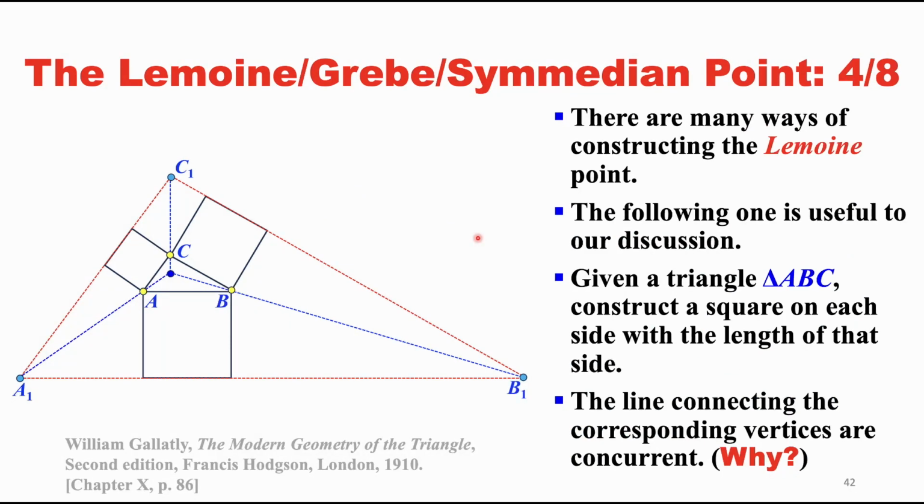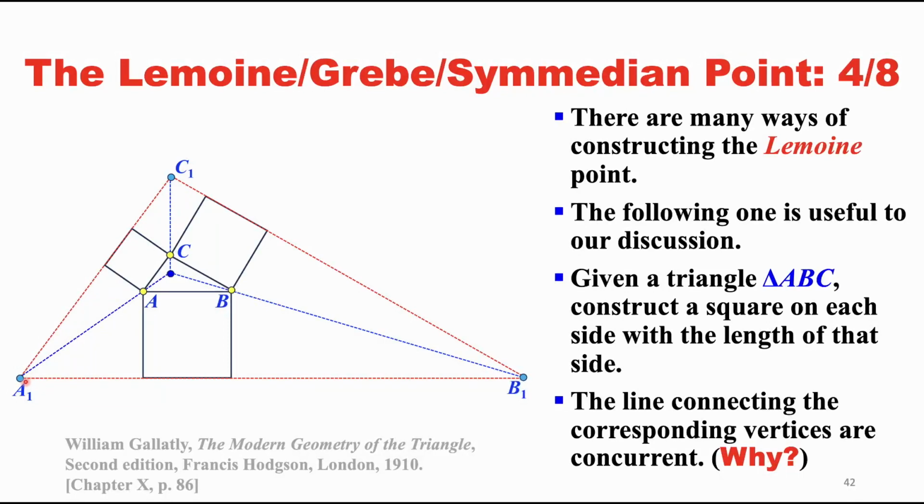How do we construct the Lemoine point? There are so many ways. You could construct it based on the definition. But the following one is very useful to our discussion. Given a triangle ABC, for each side of this triangle, we construct a square outside of the triangle. Then the outer edges of the squares can be extended.